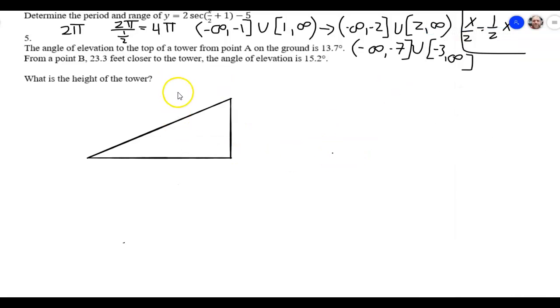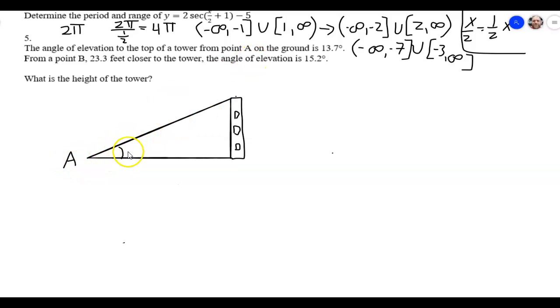So what is an angle of elevation? An angle of elevation is the angle from a horizontal line going up. So if this is the height of the tower here, and let's kind of make this like into a tower, right? Little windows there, horrible looking tower, right? And we want to know the height of this tower, the angle of elevation from some point A on the ground.